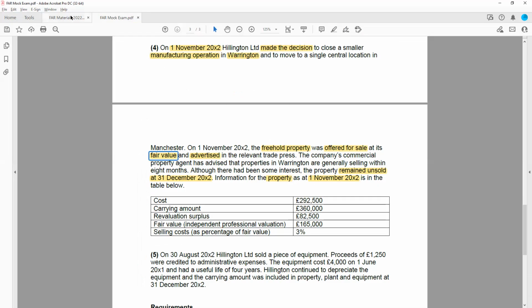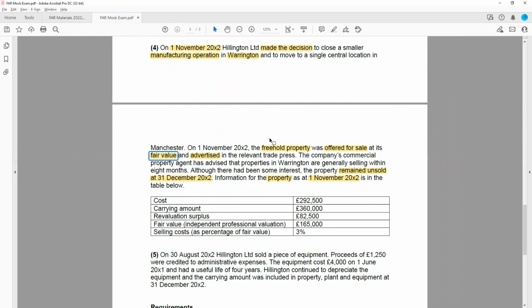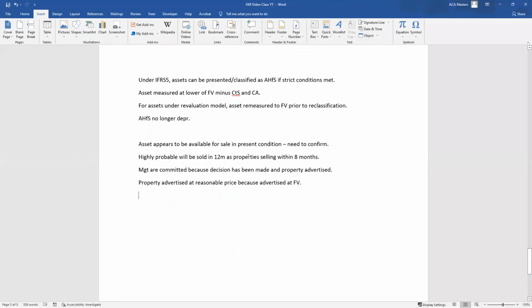Is it unlikely that the plan will change? And we're not told about anything that suggests it's going to change. So you could say need to confirm, but nothing to suggest that plan will change. So there are a few bits that weren't quite 100% clear, but it does appear as though they meet the conditions.